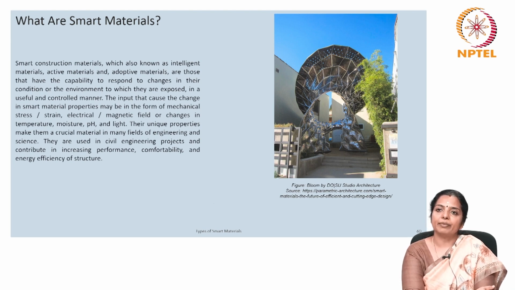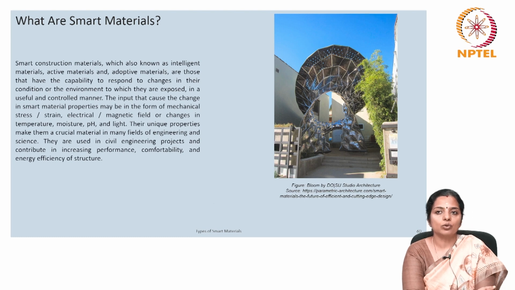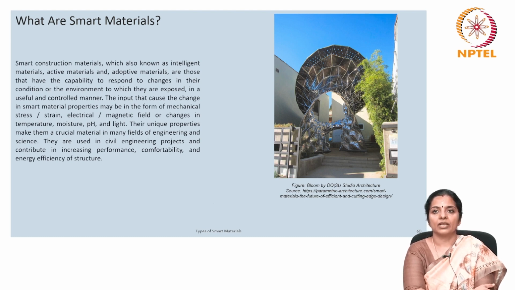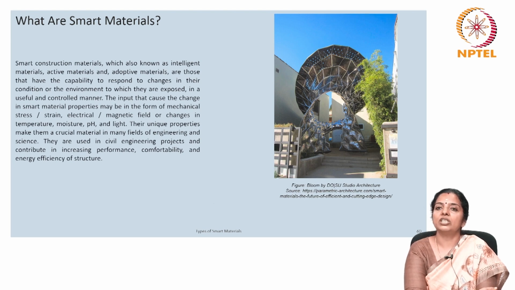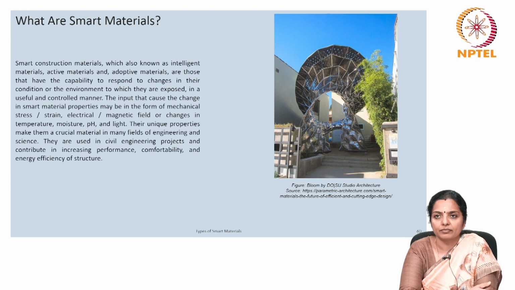Smart construction materials, which are also known as intelligent materials, active materials and adaptive materials, are those that have the capability to respond to changes in the condition of their environment. Wherever they are exposed to that environment, they will change themselves as a response, and this will be a useful response.